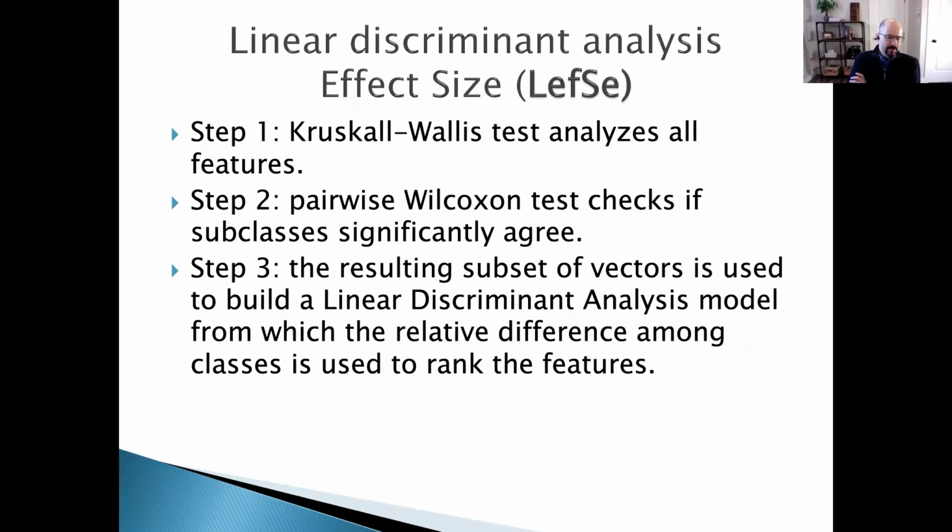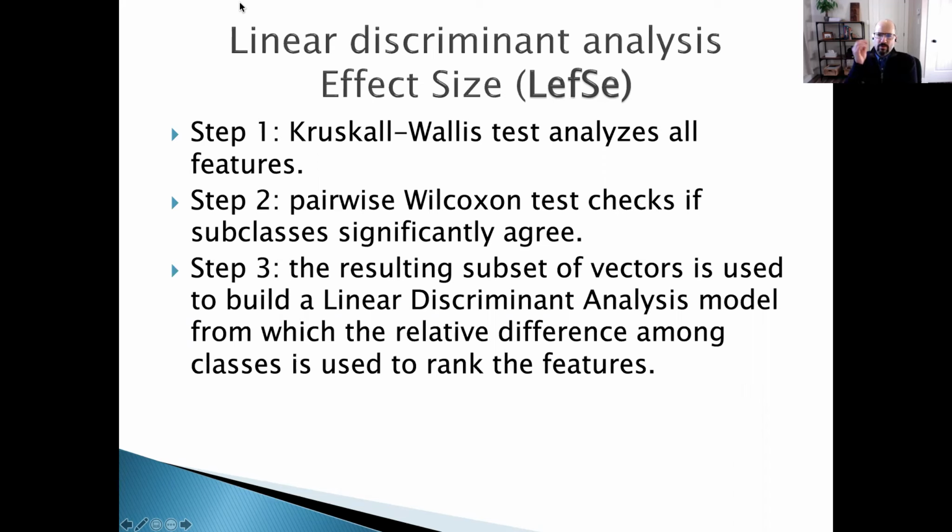And then, just before we take a little break, we're going to talk about the LEfSe analysis, which is being more and more used. I see it in many of the studies now, because it's a very easy way to do a statistical analysis to compare differences in relative abundance between groups.